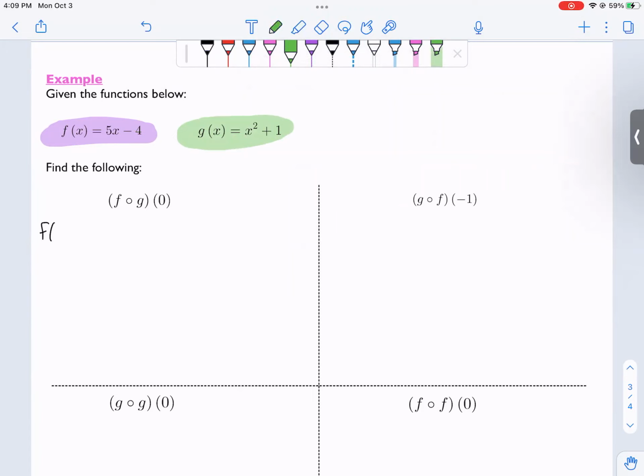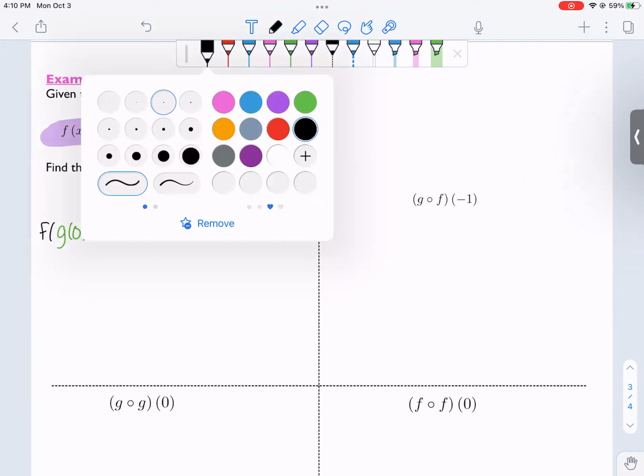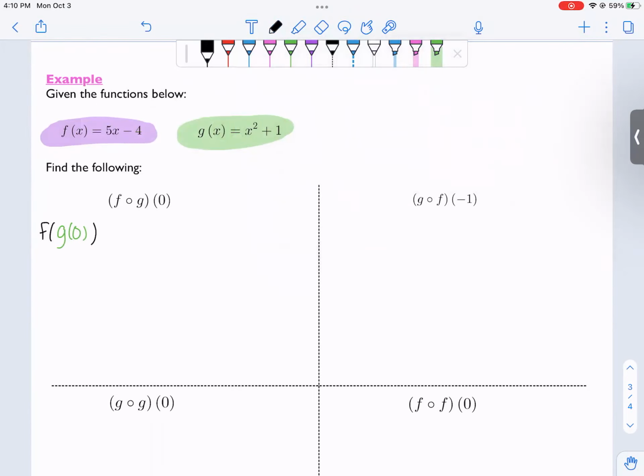So we have f composed with g of 0. G of 0 comes from plugging 0 into the function g. So that's 0 squared plus 1. That's just 1.